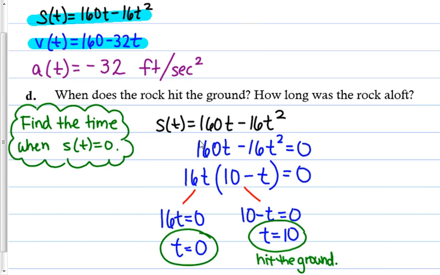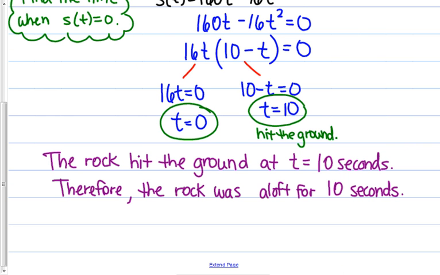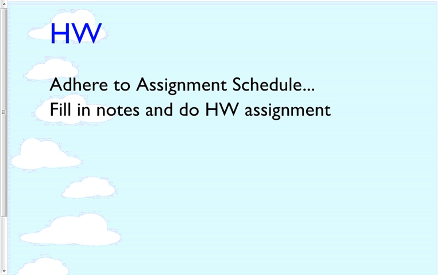Basically, how long was the rock up in the air? And like I said, it's kind of the same answer. It was in the air for 10 seconds. Okay, the rock hit the ground at t equals 10 seconds. Therefore, the rock was aloft for 10 seconds. And that's it. Do your homework.